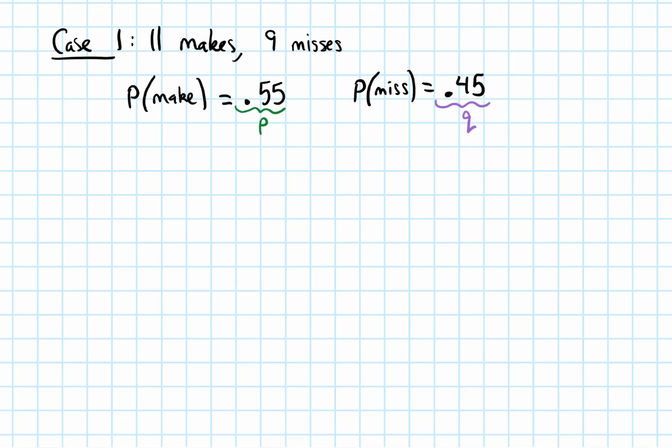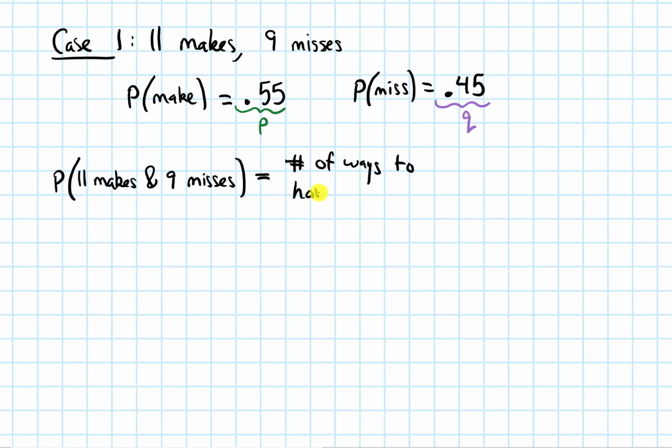We are now ready to write down the probability that he has 11 makes and 9 misses. If we use our formula to compute Bernoulli probabilities, I would first need to find the number of ways to have 11 makes, and how many total free throws? 11 makes in 20 shots.